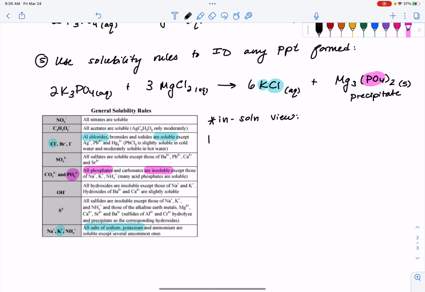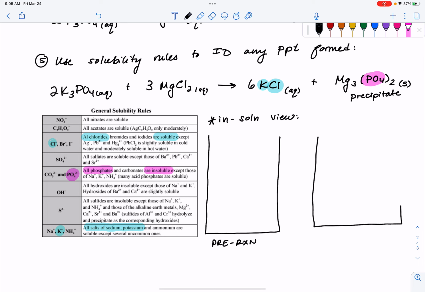And again, let's just practice what this might look like in solution. So we've got our pre-reaction conditions, and then we have our post-reaction conditions.